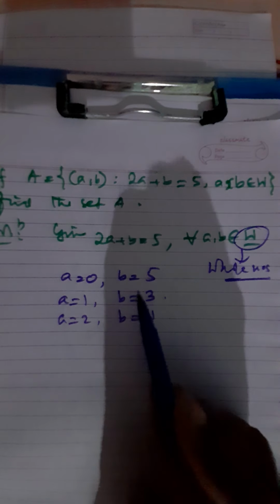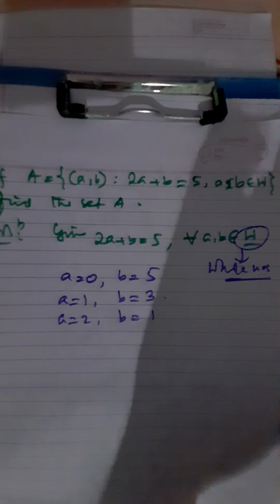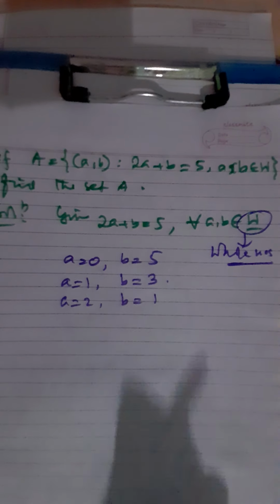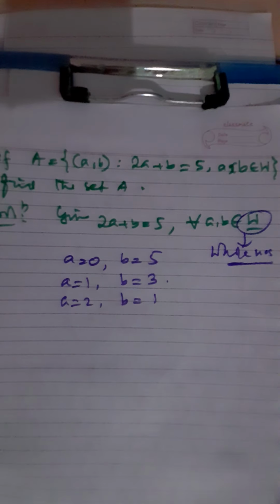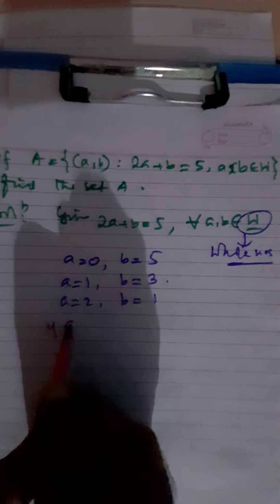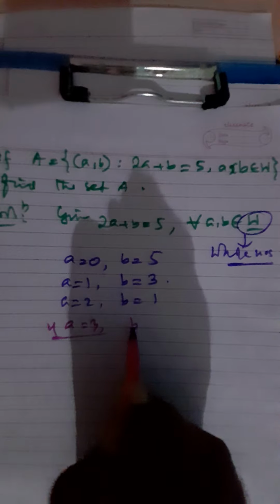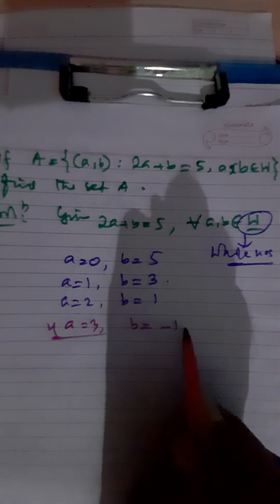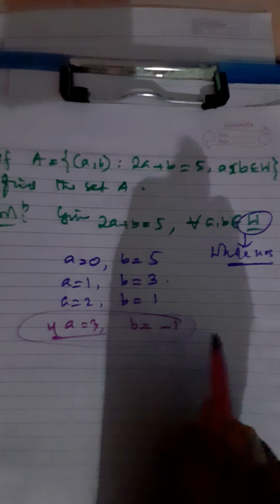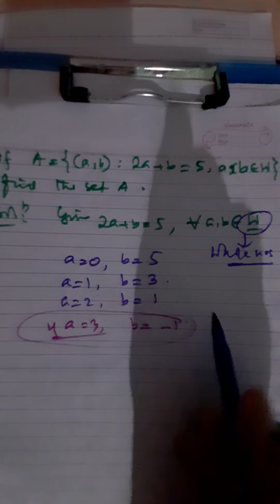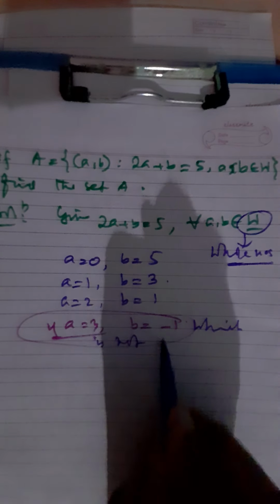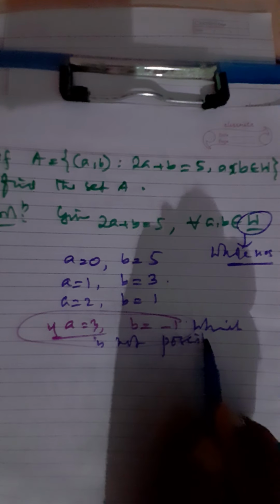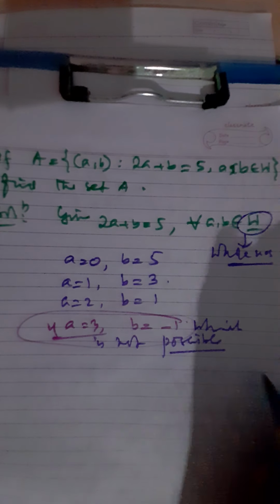If we put b is equal to 0, we will not get a whole number for a. If we put a is equal to 3, be careful, then what will we get? b is equal to -1, which is not possible. This is no need to show, but we have it just as justification.